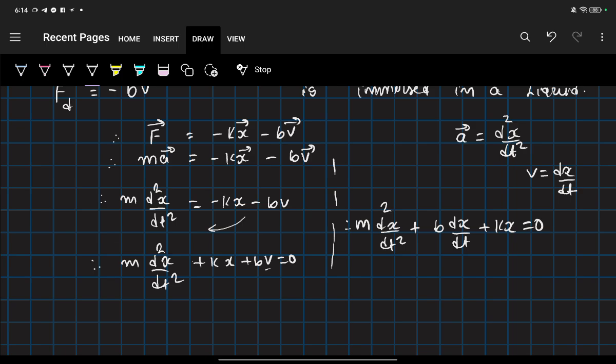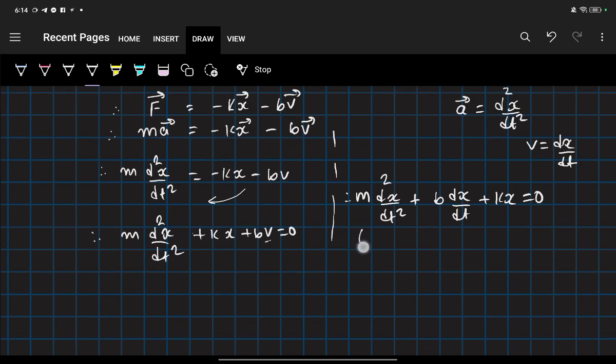So this is called a differential equation. The solution of it is given by a e raised to minus bt upon 2m cos omega dash t plus phi. I'm not writing its derivation, because it is not important.